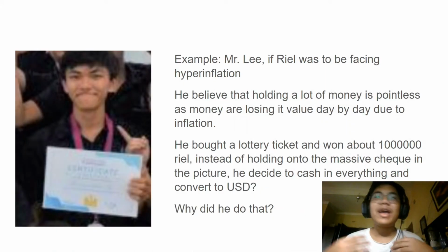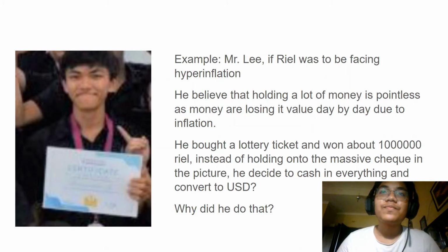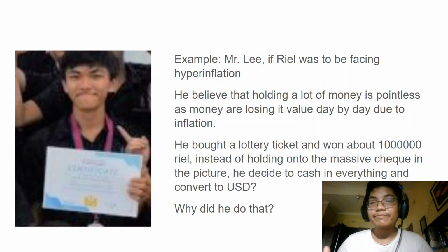And here, for example, Mr. Lee, in a case scenario if we were to face a hyperinflation in Cambodia. He believed that holding a lot of money is pointless, as money is losing its value day by day due to inflation. He bought a lottery ticket and won about 1 million riel, which is equivalent to about $2,500.